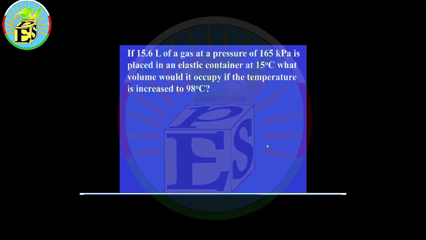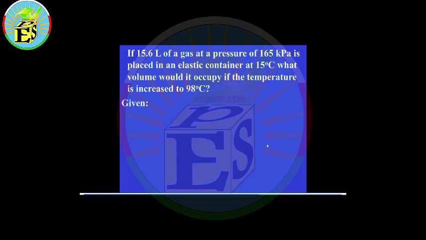Another example: if I have 15.6 liters of a gas at a pressure of 165 kPa placed in an elastic container at 15 Celsius, what volume would it occupy if the temperature is increased to 98 Celsius?